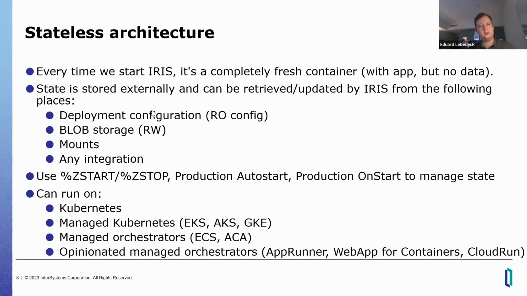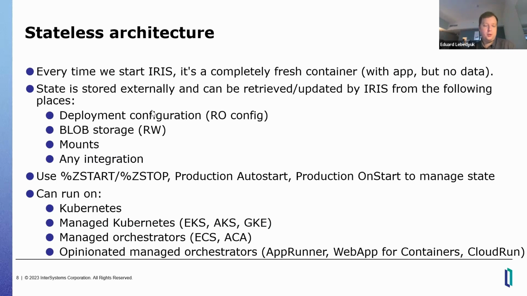It's the most basic part. It's usually read-only, so Iris cannot change its own definition, and it is fairly small. It holds connection points, credentials, secrets, and stuff like that. Basically how Iris should run.